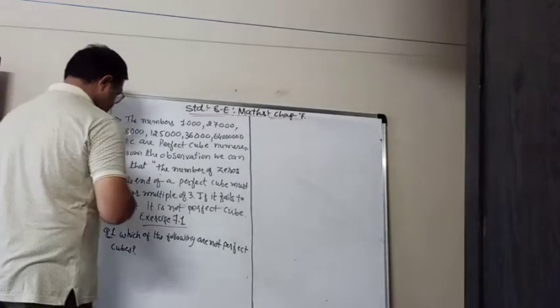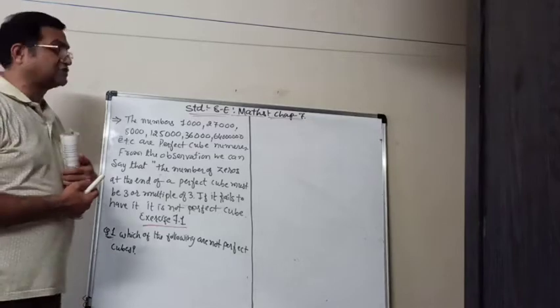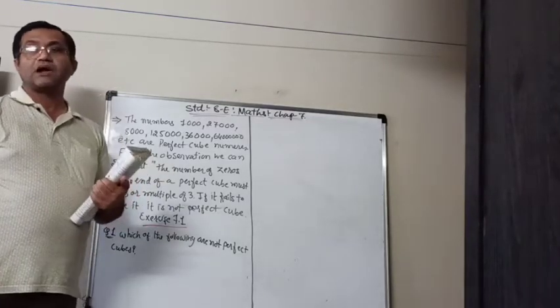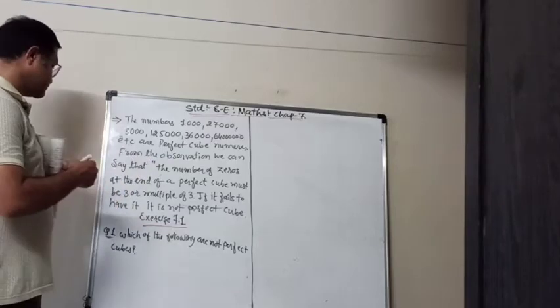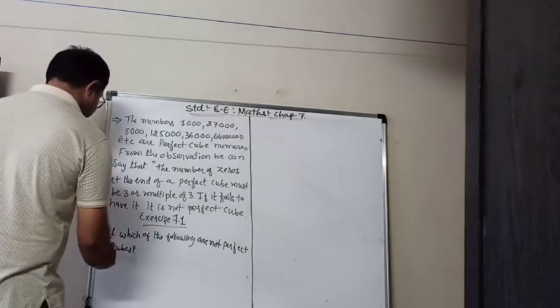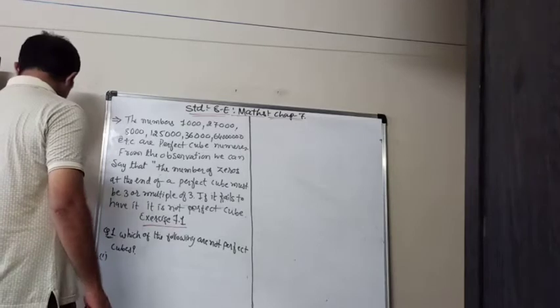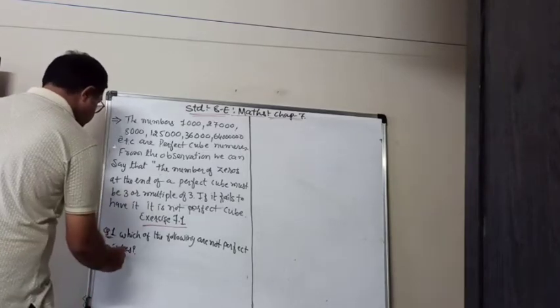Now we know that to check whether it is a perfect cube or not, we have to find the prime factors, the prime factorization. So let's check the first number, that is 216.